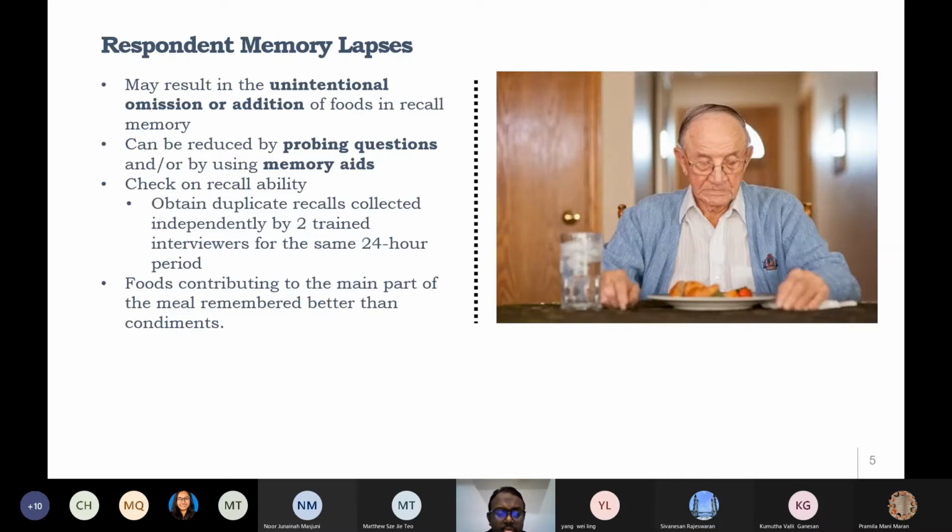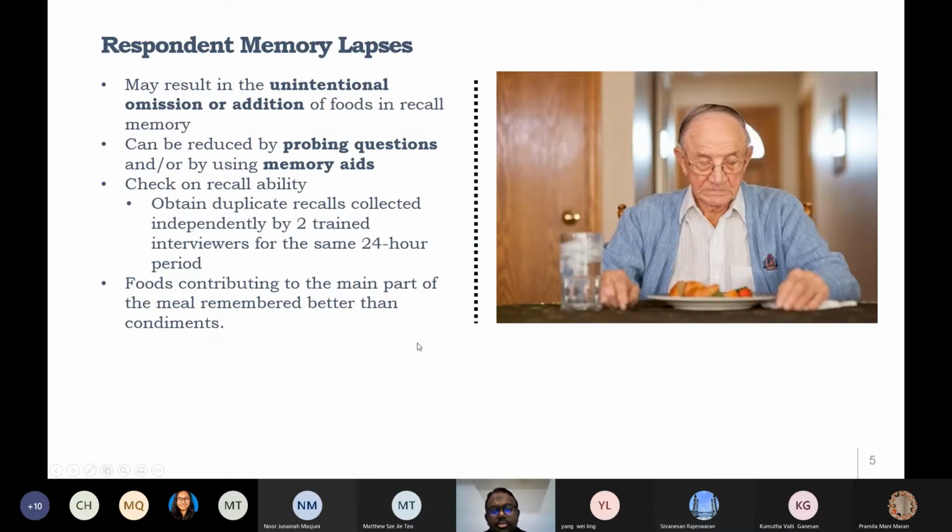Okay, so we have to check on recall ability, obtain duplicate recalls collected independently by two trained interviewers for the same 24-hour period. This is similar to the previous one, on how you detect the biases.